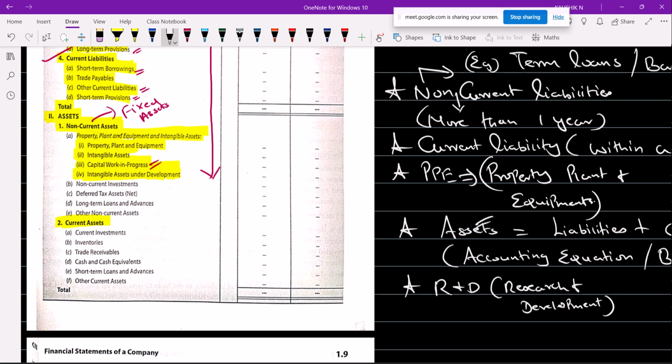Under this, you keep working on some major issues and you try to bring out a result for a particular issue. Thereby you're doing some research and you're developing something. So we call the team the R&D team. And here if there are some intangible assets under development, then we will be declaring this as an asset under the category of non-current assets.